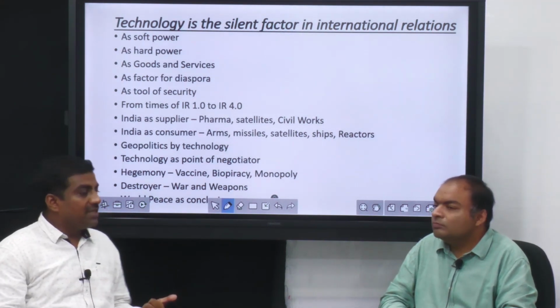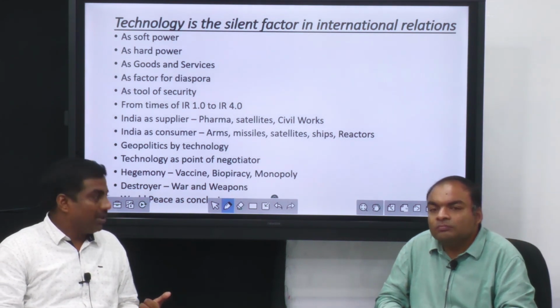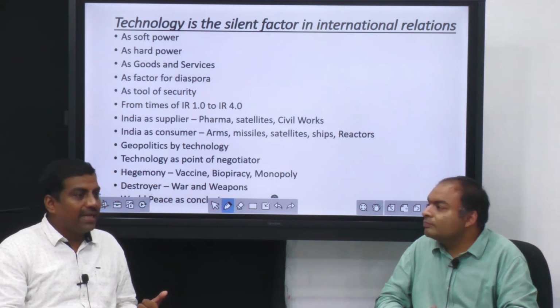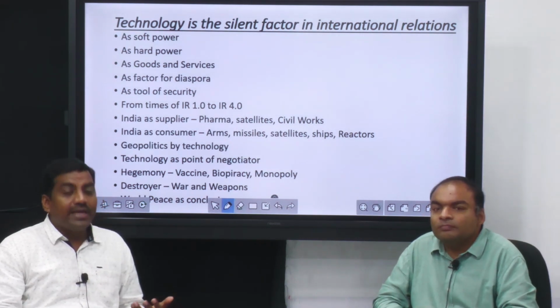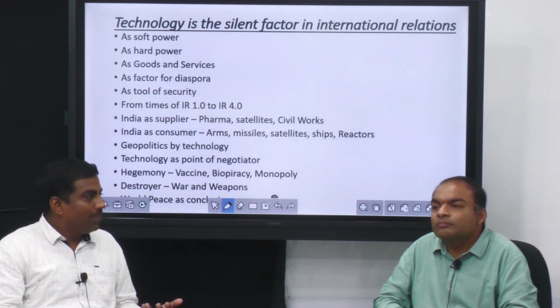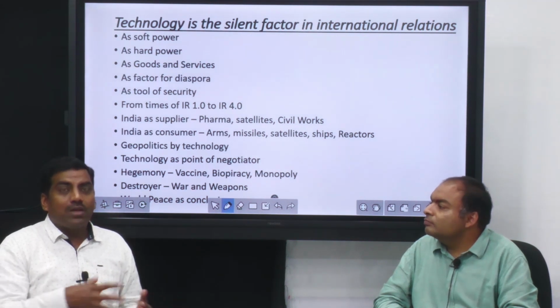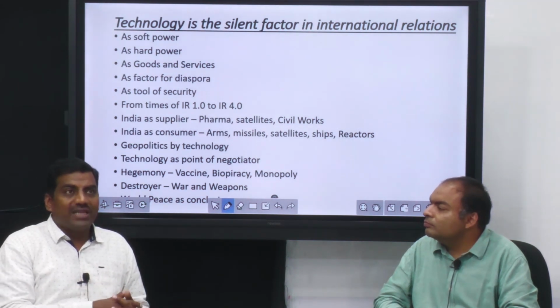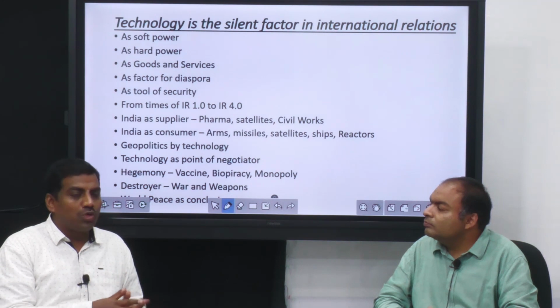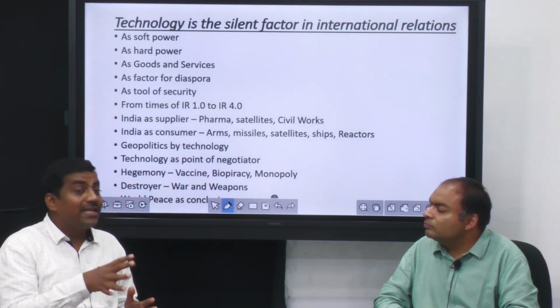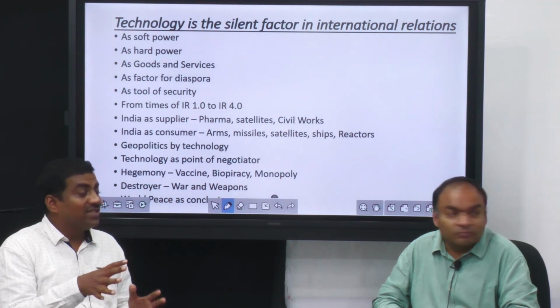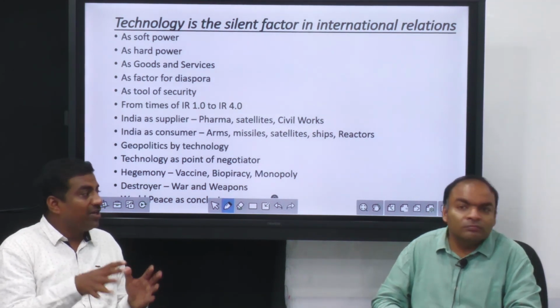Technology can be seen from the perspective of soft power. Most soft powers are based upon skills, like skilled or semi-skilled people, who tend to produce too many things. And India has proved to the world that through its technology, through its soft power, it can have its effect on international relations.